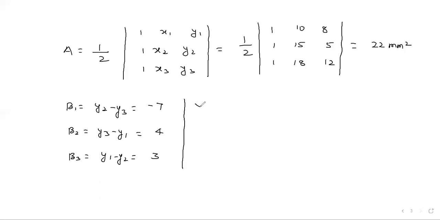Now we will find gamma 1, gamma 2, and gamma 3. Gamma 1 is x3 minus x2, which is 3. Then x1 minus x3 is minus 8, and x2 minus x1 is 5. You don't need to remember much.